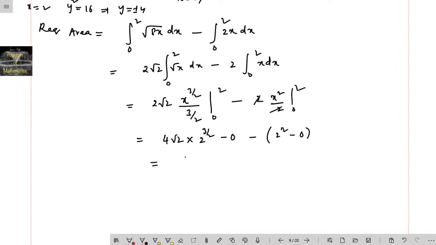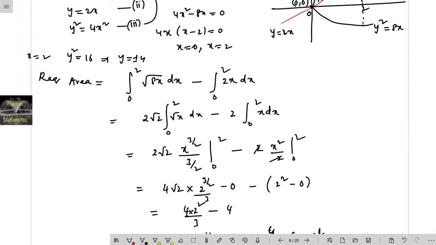I missed the 3 by 3 here; the 3 is there. So this is 16/3 − 4. So 16 − 12 is 4, divided by 3. So 4/3 square units is the required area.